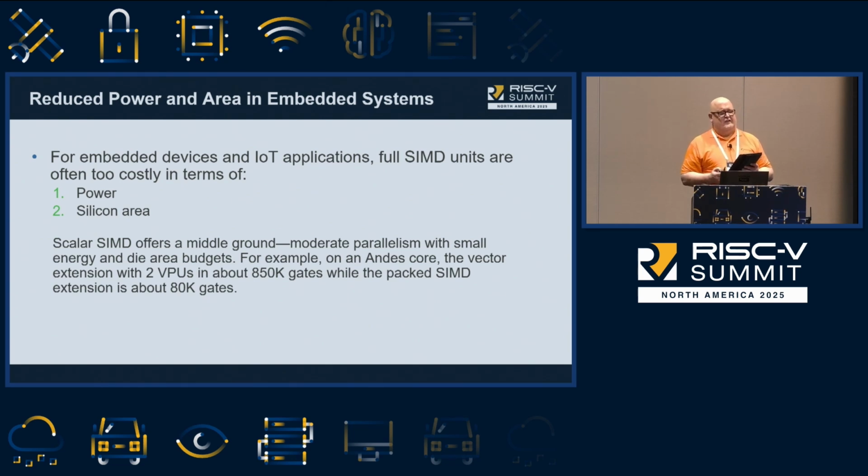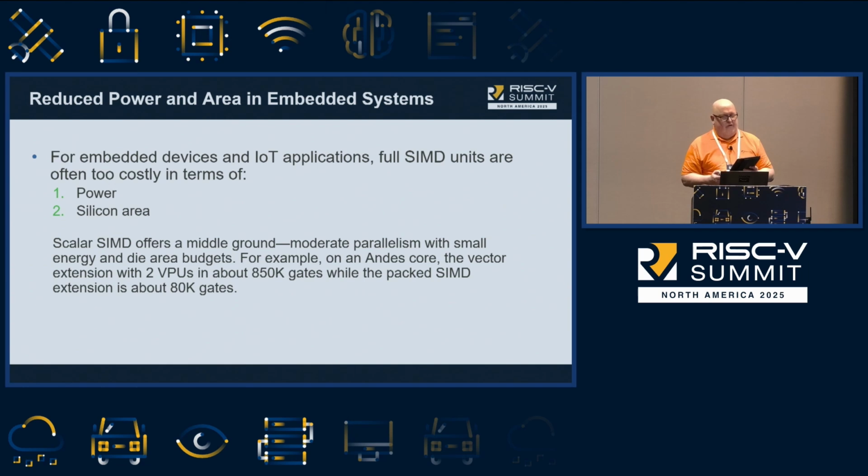as a data point in an Andes high-end core with out-of-order dual issue, the VPU is roughly 800K gates, and the POC SIMD is about 86K gates.